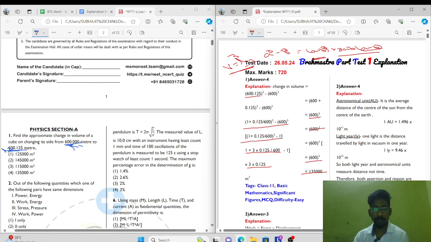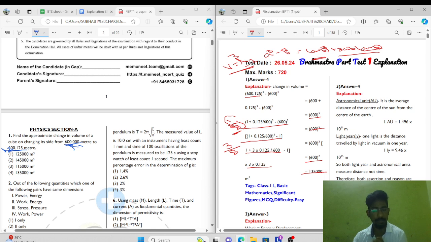One thing I'm going to say: whenever you are calculating something like 0.125, try to solve it like this. 0.125 means 1 by 8, and if you remember this, it will be easy for you to solve. If you multiply 0.125 with 3, it will be 0.375, which is 3 by 8.